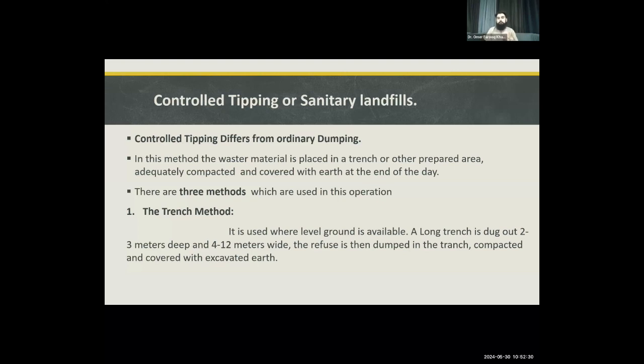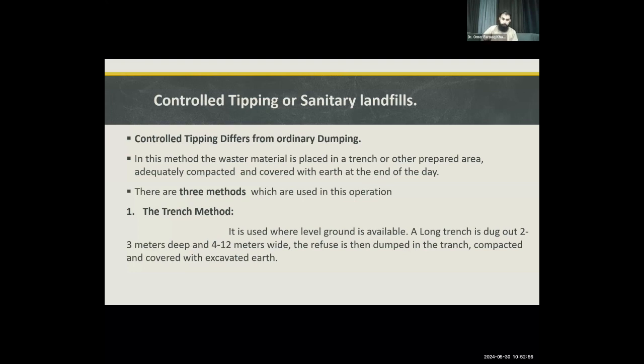So it is basically a form of dumping, but it is closed dumping, where we not only dump in a properly designated site, we dump and then we compact it and then we cover it as well. When we cover it, there are advantages after covering things up.